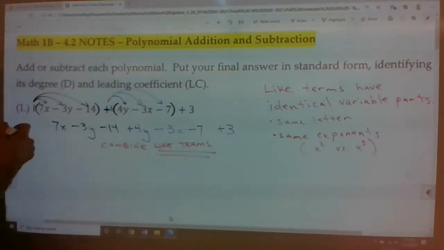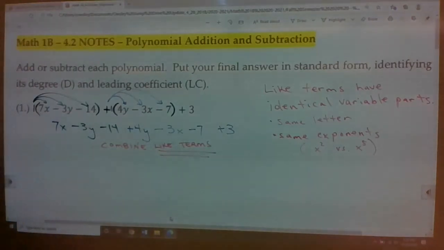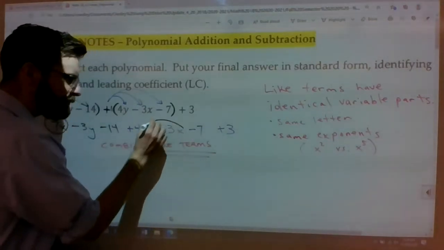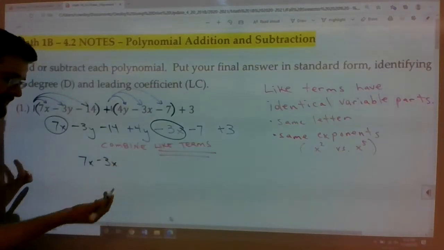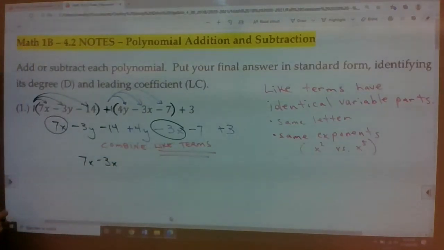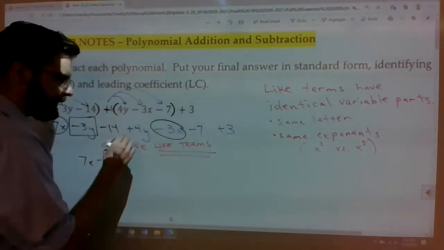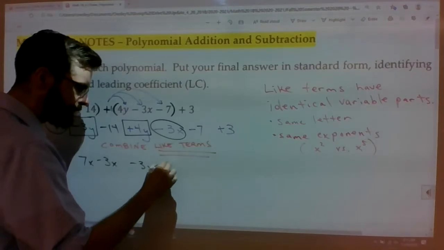Okay, so who would be like terms in this situation? Well, 7x and negative 3x can be put side by side as like terms. Negative 3y and positive 4y can be put side by side as like terms.